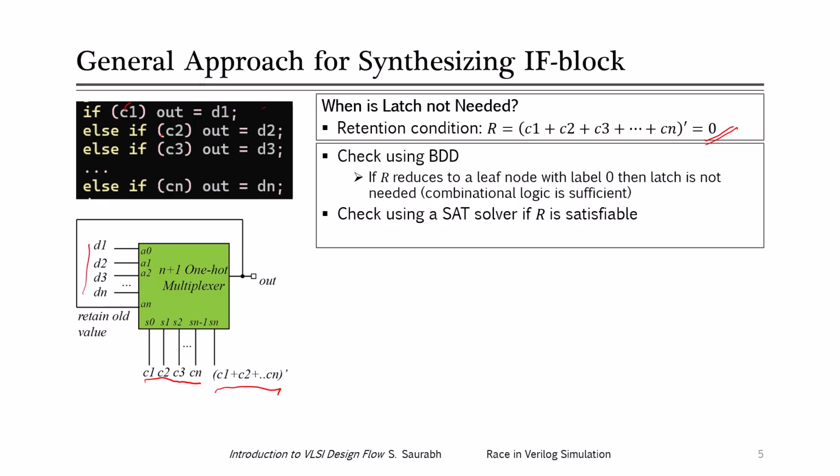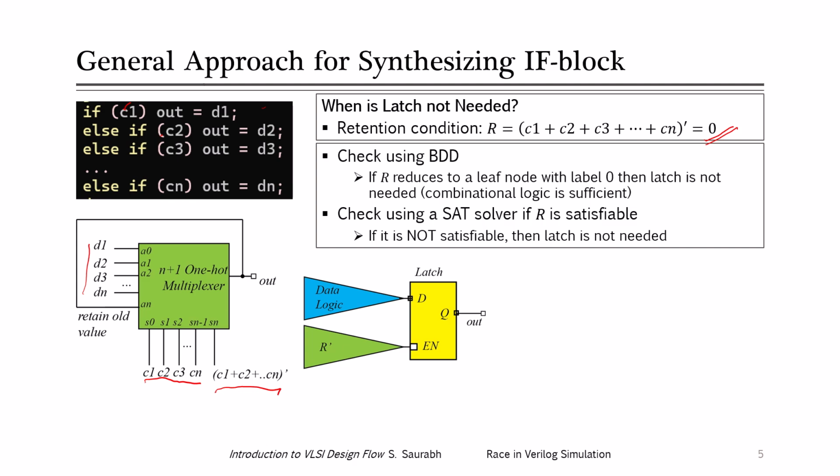We can give this R function to the SAT solver, and if the SAT solver says that it is not satisfiable, meaning that under all possible combinations of Boolean variables R turns out to be 0, then we can infer that the latch will not be needed. The combinational circuit will be sufficient to represent this if-else if block.